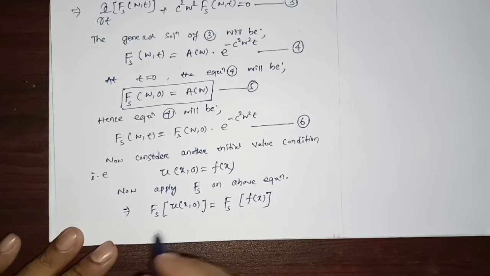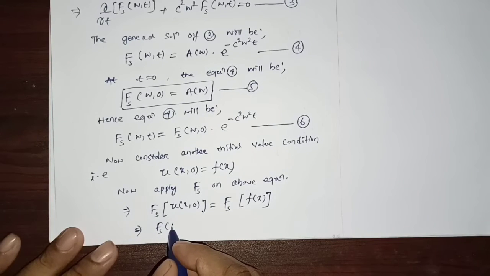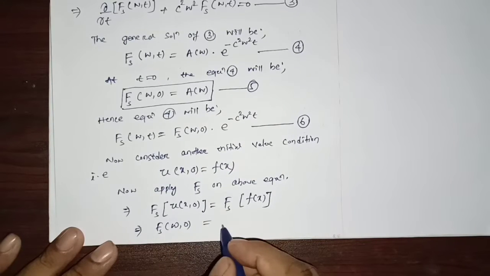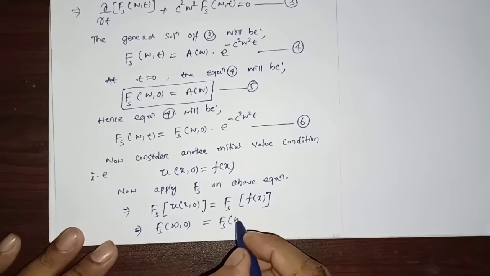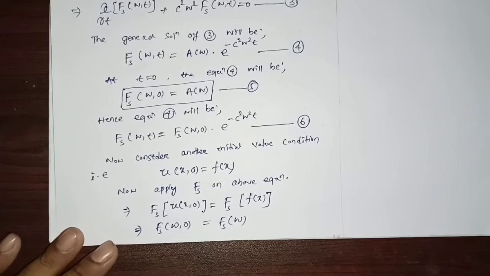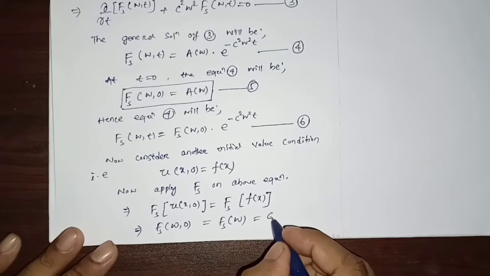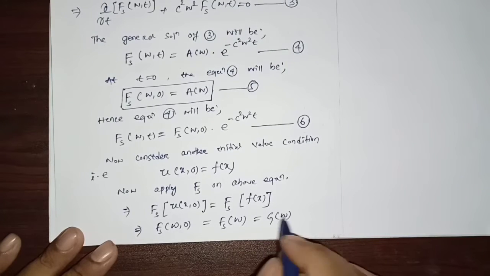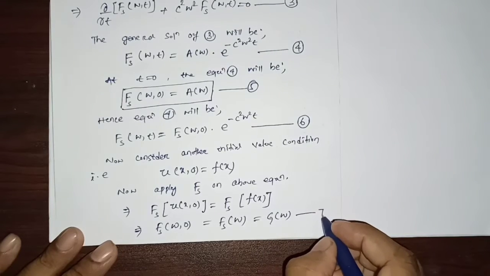So directly I can write Fs(omega, 0) is equal to Fs(omega). Let this Fs(omega) equal capital G(omega). Let this be equation number 7.